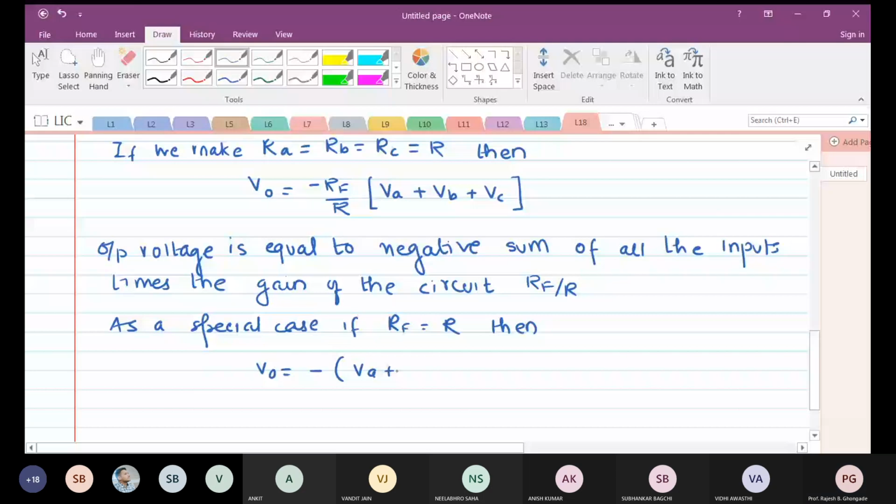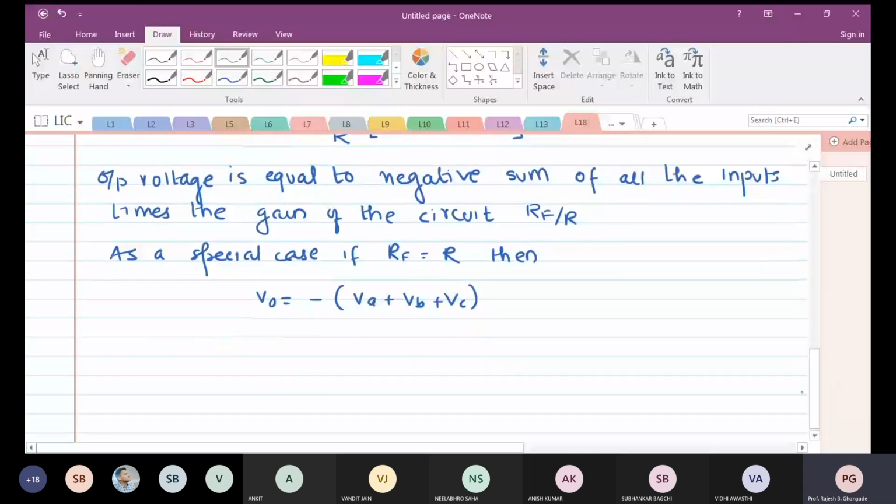That's it. So what we get is a summing amplifier. Clear?